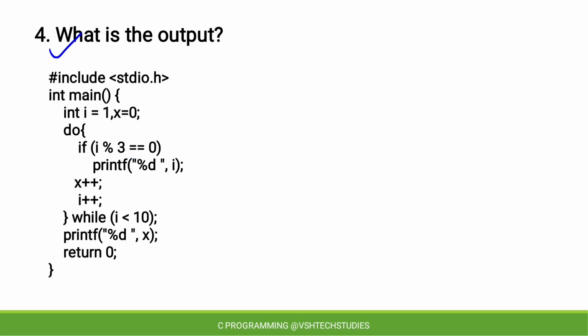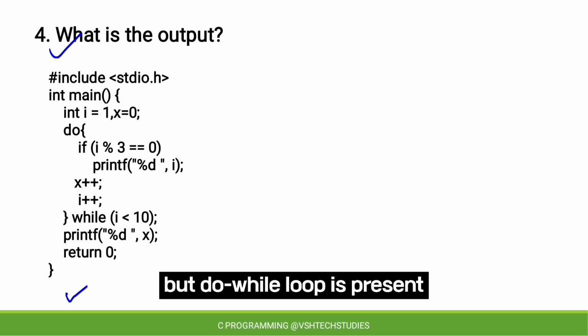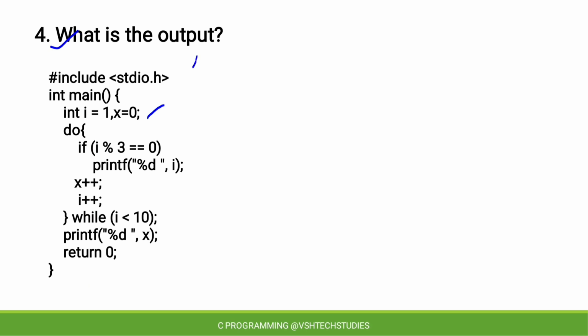So next, fourth question. This is exactly same as the third one, but only this line is extra. In the declaration statement, I is initialized to 1, that is I memory location. Then X is initialized to 0, means in X memory location 0 is saved and in I memory location 1 is saved. Do while loop is here.